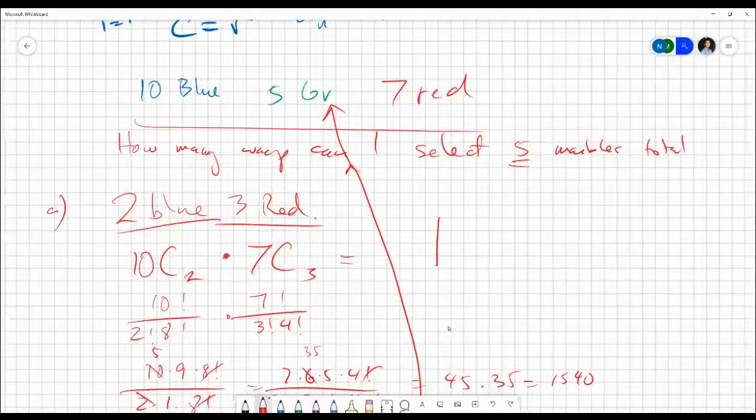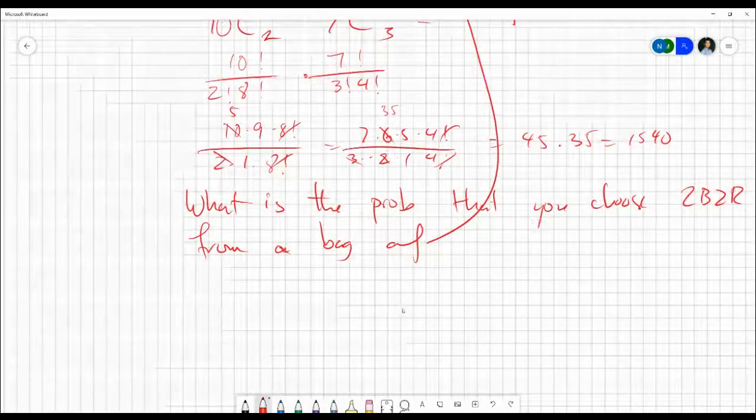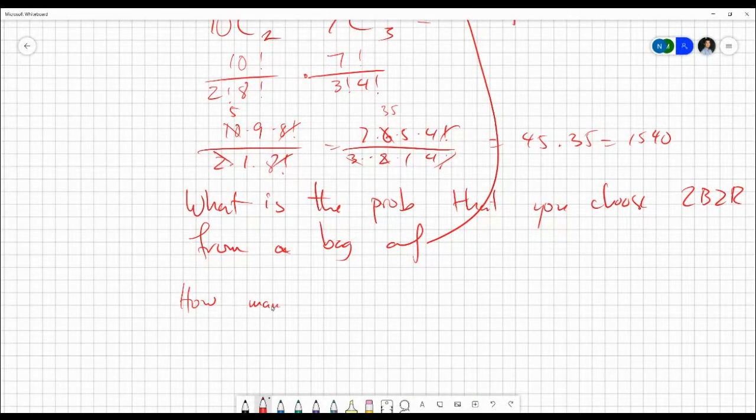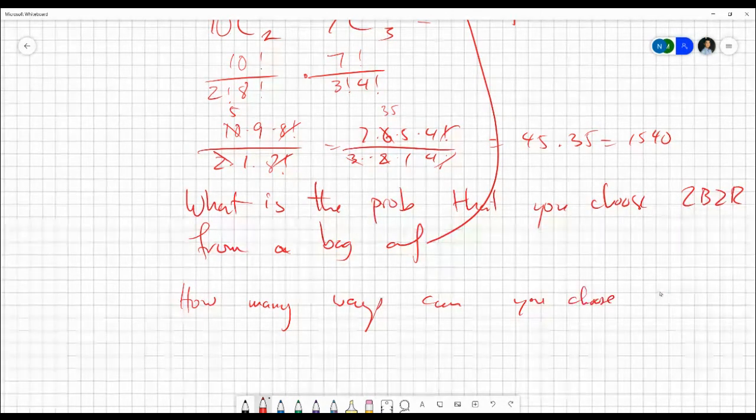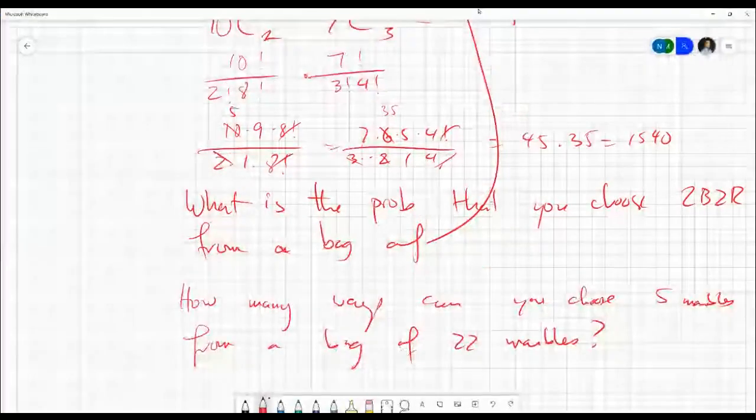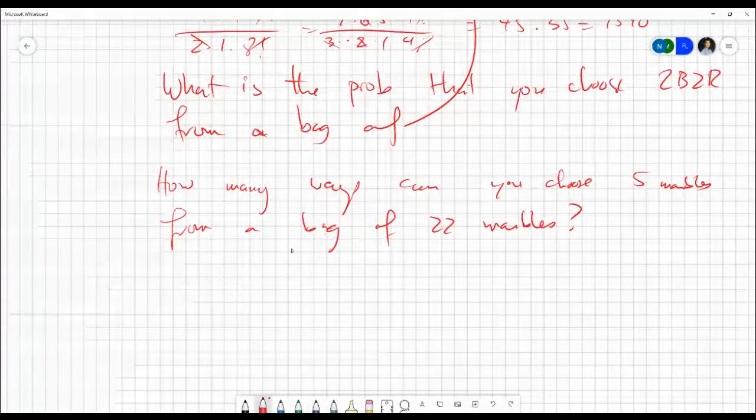Now we need to talk about how many ways can you choose 5 marbles from a bag of 22 marbles. Now, this will give you basically the total number that you can choose.